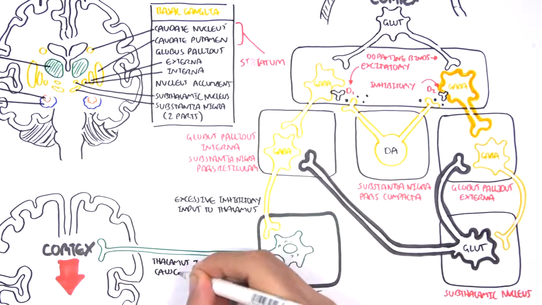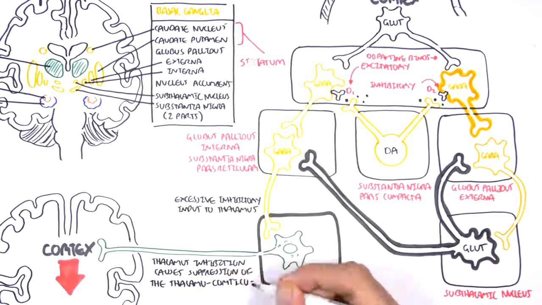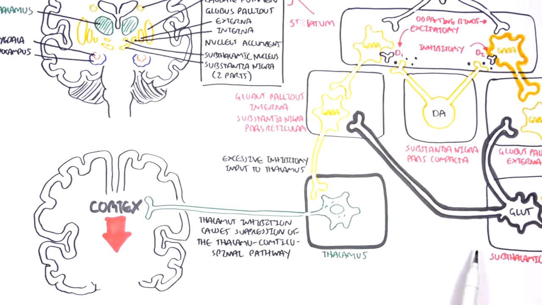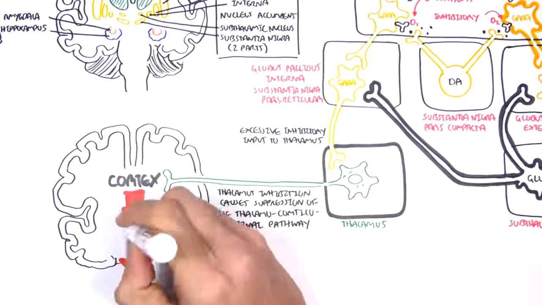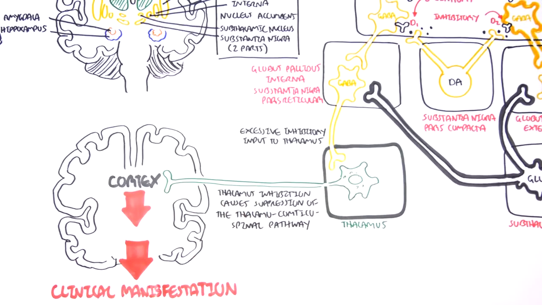Thalamus inhibition causes suppression of the thalamo-corticospinal pathway. And because of this, the signals that the basal ganglia should have sent back to the cortex don't really happen. And so as a result, when you want to initiate a movement, it's not smooth, coordinated, controlled, and thus it results in the clinical manifestations of Parkinson's disease.